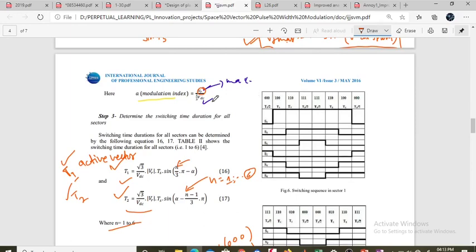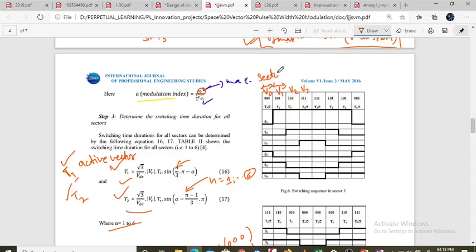The first rule is to choose the switching sequence: why 0 0 0 in this interval, and why 1 0 0 in this interval. This is called the v1 vector, this is the v2 vector, this is the v7 vector, and this is the v0 vector for sector 1 operation. Again v7 is here and v2, then v2 and v1, and v7. So how do we choose this switching sequence?